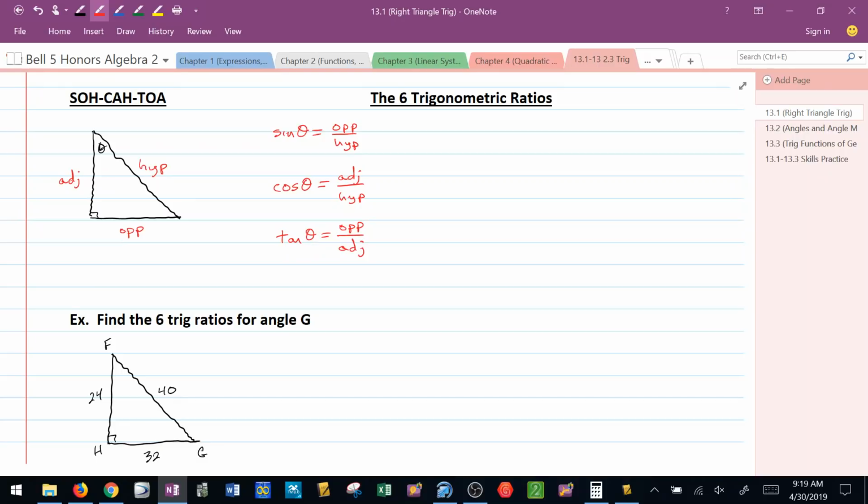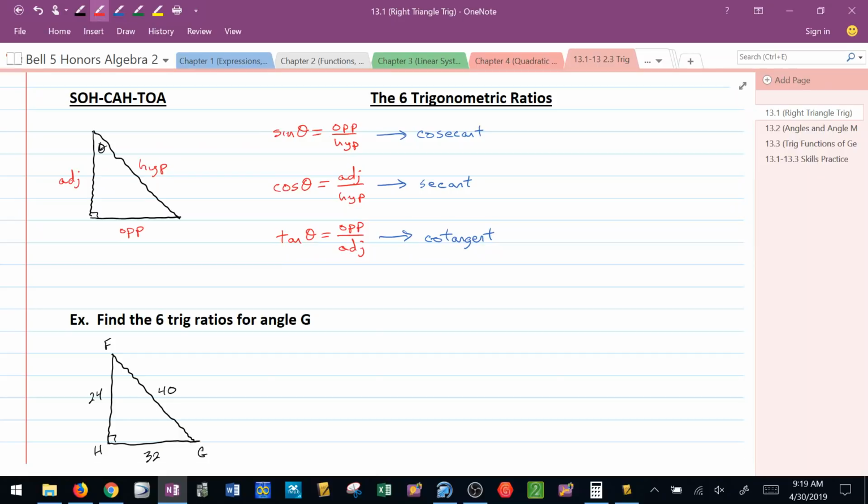But these three also have what are called reciprocals, okay? Now remember, reciprocal just means you're going to take the ratio or the fraction and flip it over, all right? So let's go through. This one is called cosecant. The reciprocal of cosine is called secant, and the reciprocal of tangent is called cotangent.